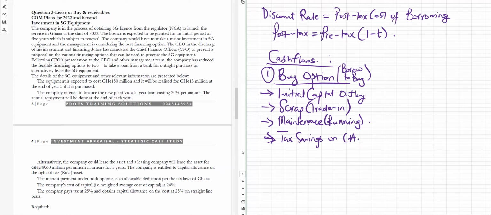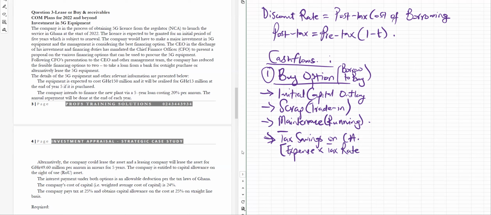So you either pay tax or you save tax, and all is at the tax rate. I pay tax at 25% in Ghana. The same way, if an expense reduces my profit, it means I'm also saving tax at 25%. So always the tax savings is that particular expense multiplied by the tax rate. Remember this.